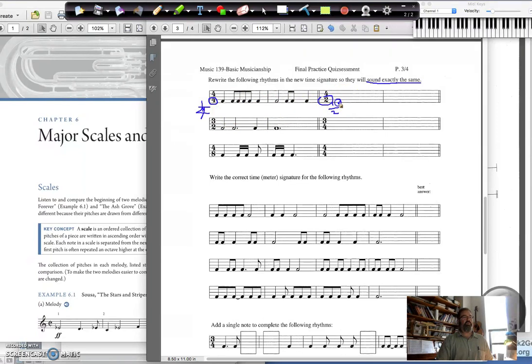So what was a quarter note becomes a half, what was an eighth becomes a quarter, so on and so forth. I would need 3 more quarters and another half to complete that bar. And what was 1, 2, and 3, and 4 is going to be 1, quarter, quarter, quarter, quarter, half. And it's going to sound exactly the same. But for sure, it's got to have the same number of events.